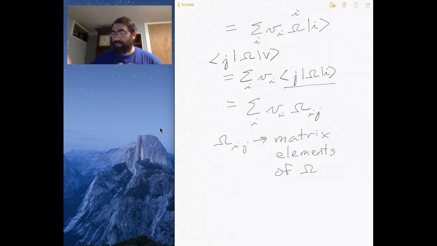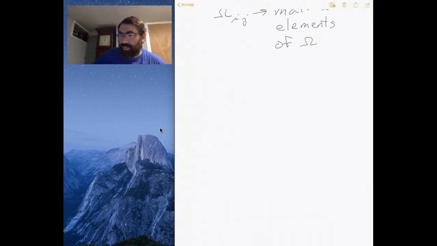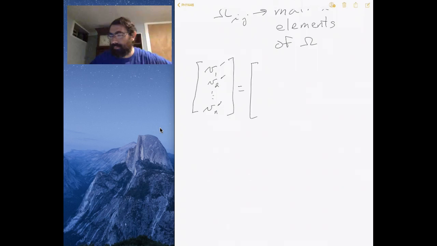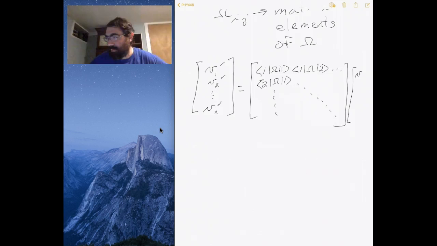Okay. So if I think about it in terms of matrix, if I want to draw it as a really big matrix, then what I'm really doing here is creating these new elements v prime by multiplying all these matrix elements times the original vector v1, v2, vn.